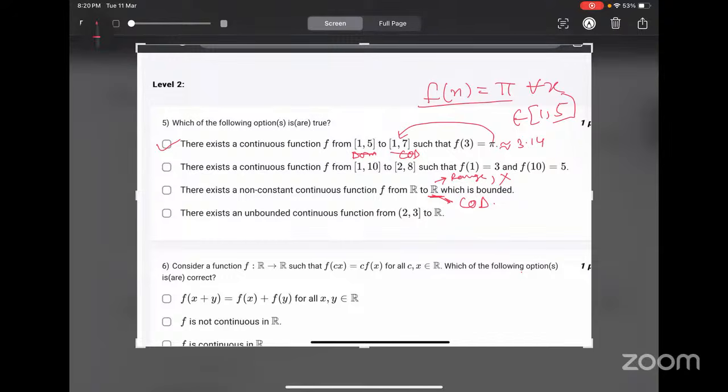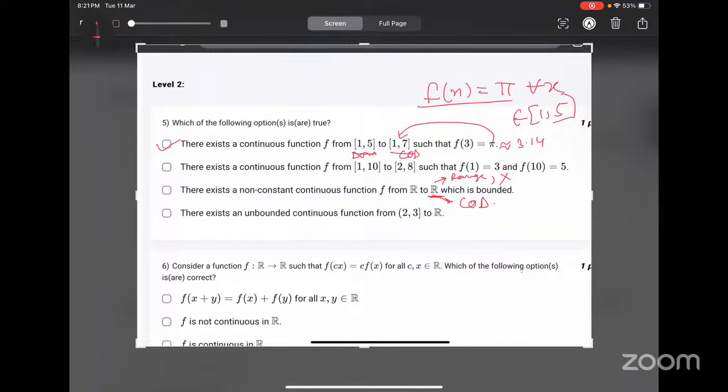They haven't mentioned here whether R is a range or codomain, but we have two different types of possibility, because nothing is mentioned here. R can be range, R can be codomain also. So we can't directly say that there will always be a non-constant function. If R is range, then we can't define such a function.